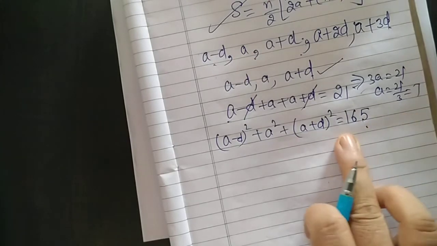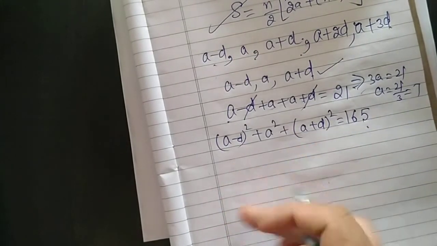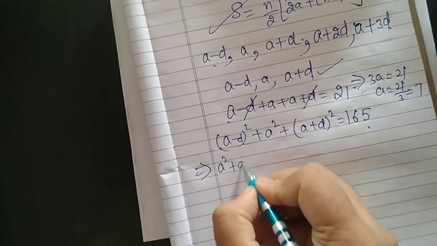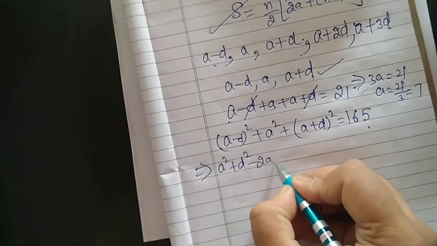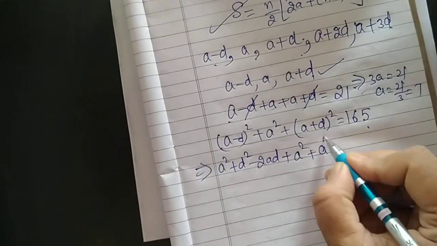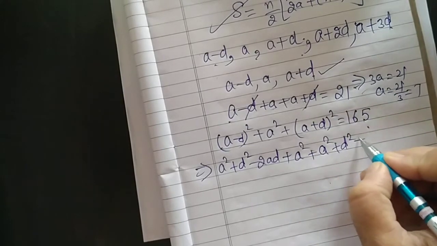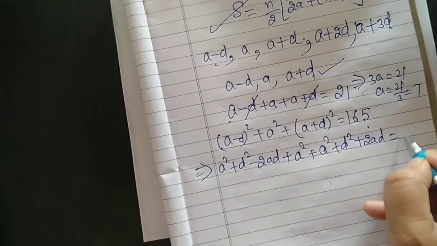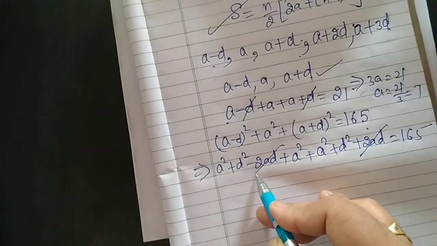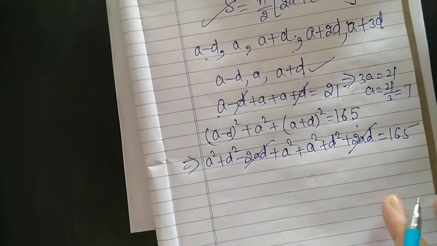But here I am going to apply the formula directly. Here (a minus d) whole square, so a square plus d square minus 2ad, plus a square, plus a square plus d square plus 2ad is equal to 165. These two terms can be cancelled because they are opposite in sign.